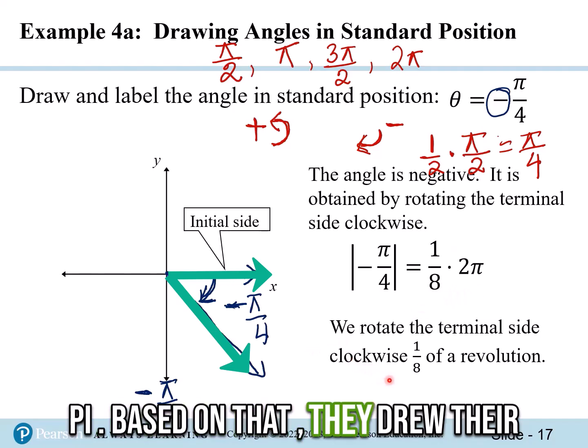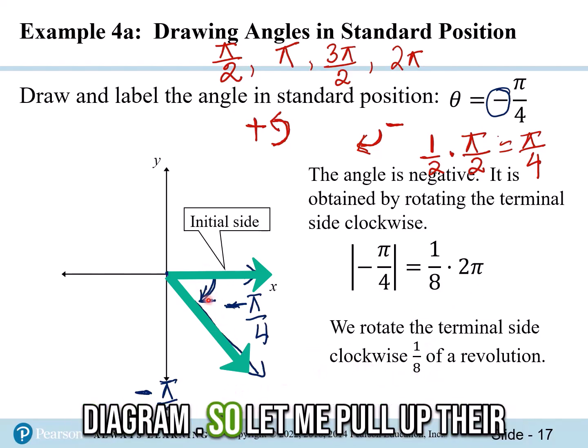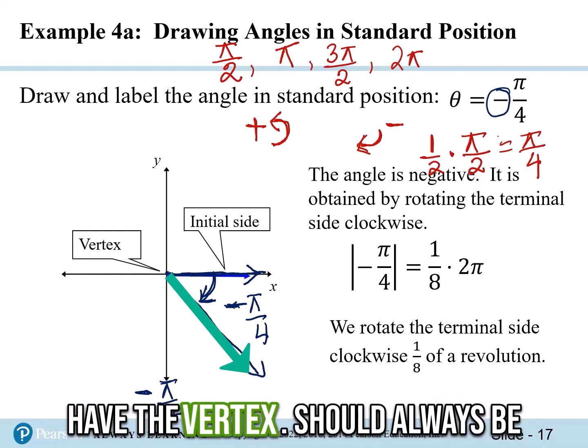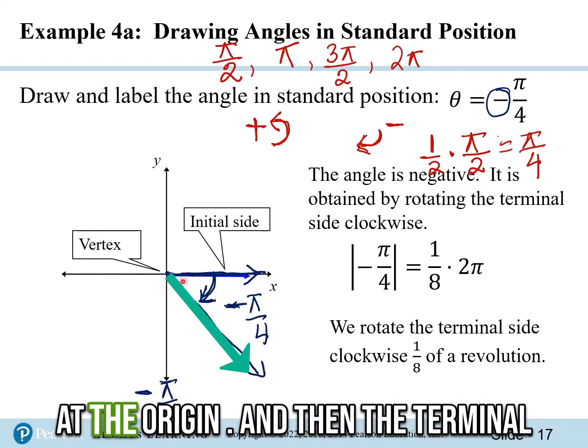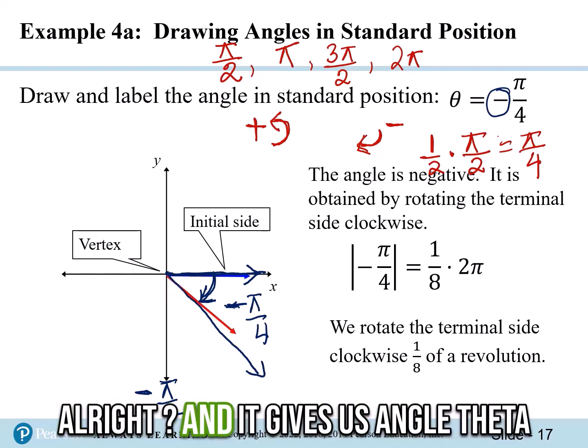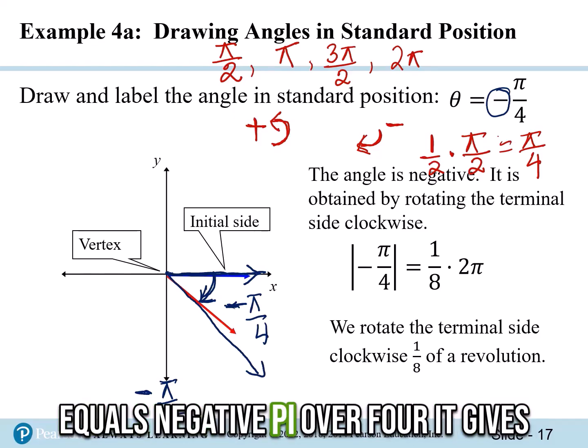Based on that, they drew their diagram. So let me pull up their diagram that they did. So here we have the vertex should always be at the origin, and then the terminal side is drawn with this red arrow, right? And it gives us angle theta equals negative pi over 4.